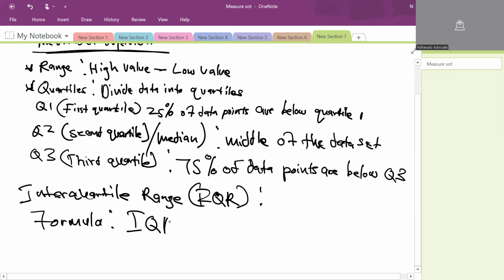IQR is equal to Q3 minus Q1. Q3 minus Q1. Then you get your answer. That's how you work on that one.